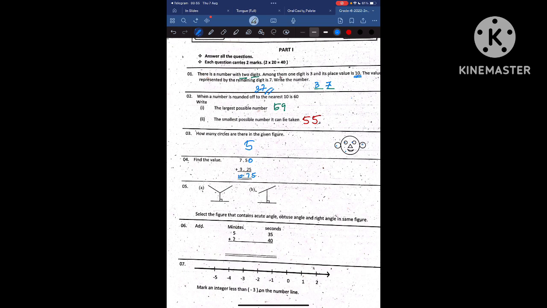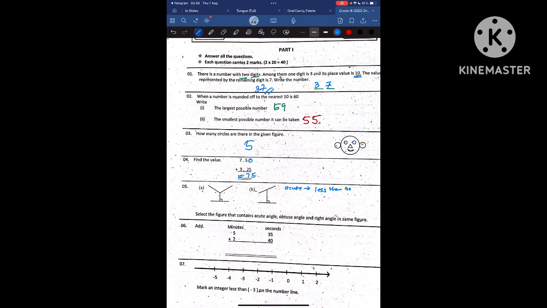Keep this in mind. Acute angle means any angle that is less than 90.